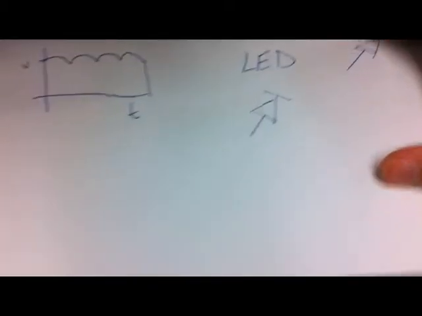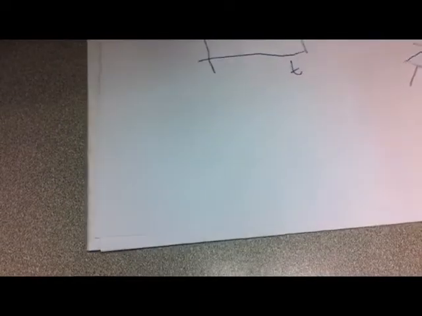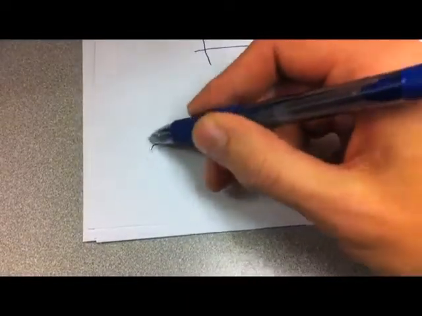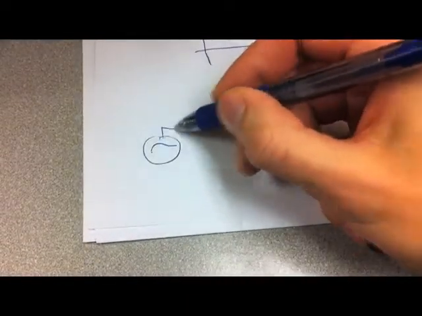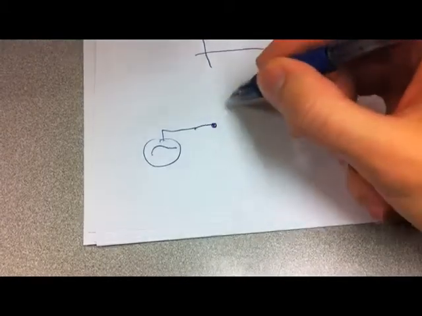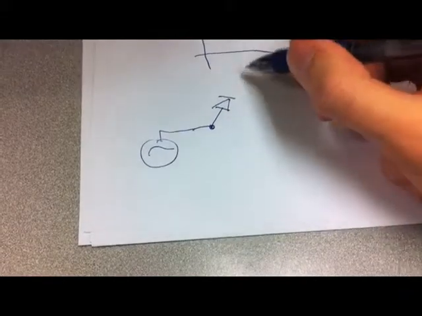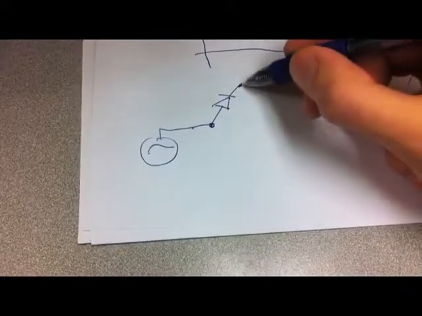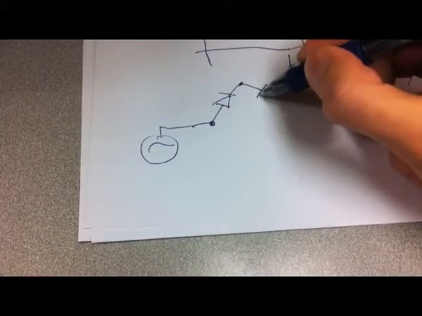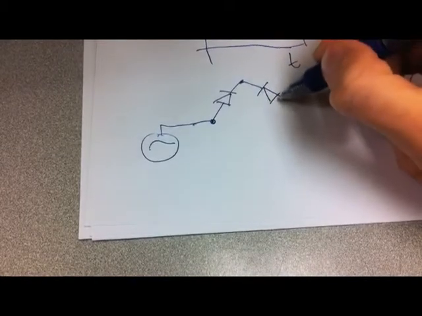Okay, so in order to build a bridge rectifier, we will hook it up to source. And this node right here has a diode coming off here. And there's a diode pointing this way.